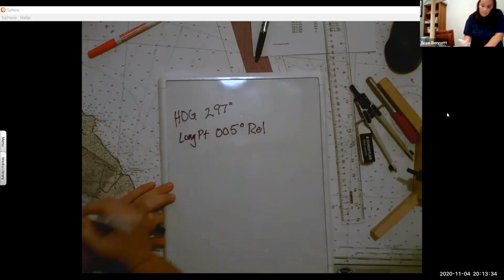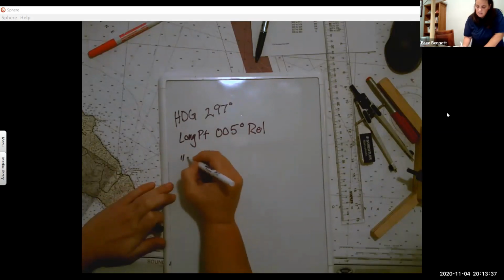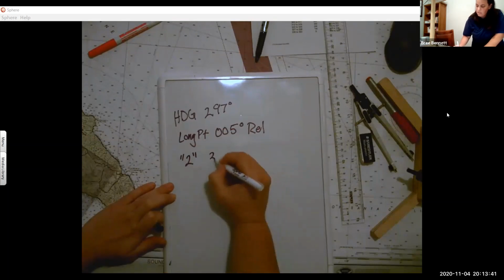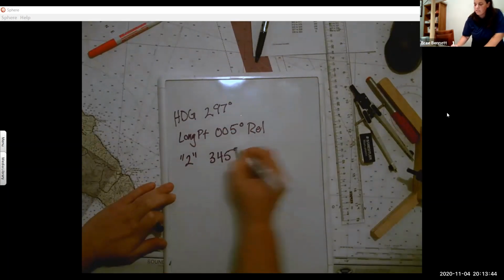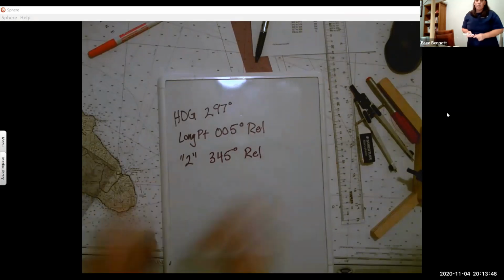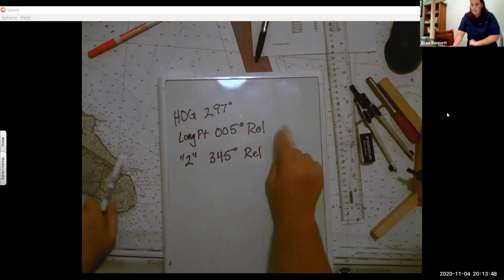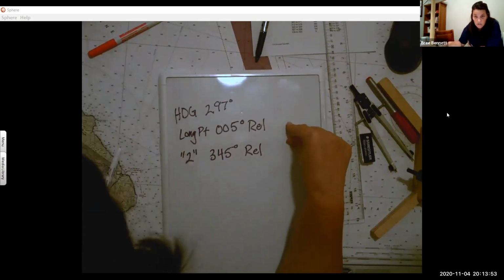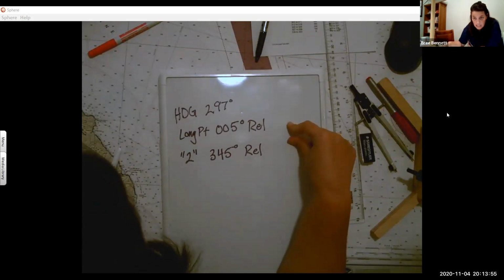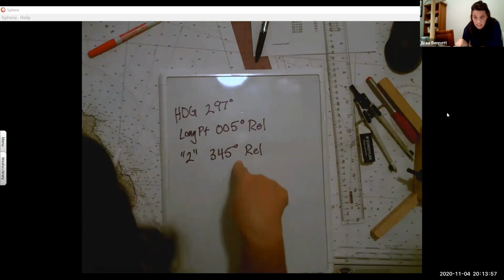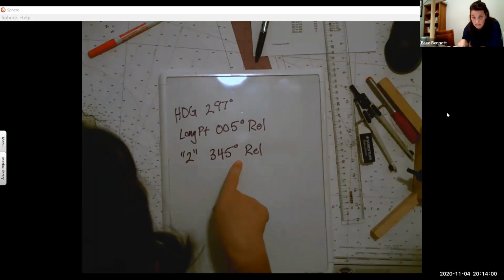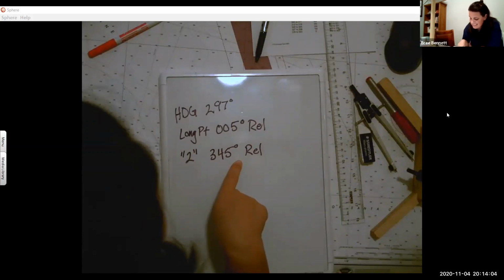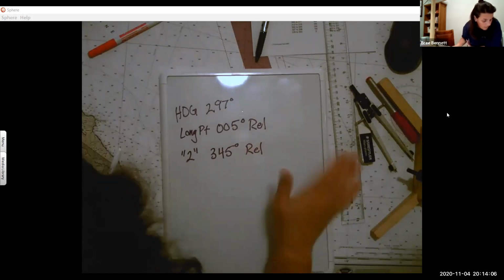We also see Light 2 at 345 degrees relative. Now with our relative bearings, in reality, it's going to be very difficult to actually get a relative bearing this accurate unless you have some sort of tool that measures that. But this is the way the problem is.